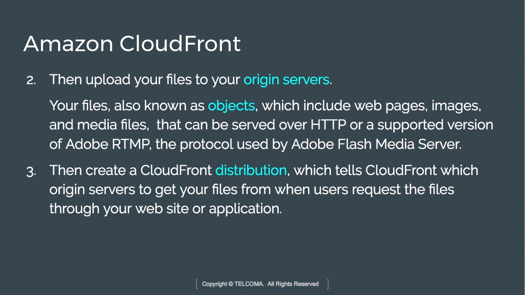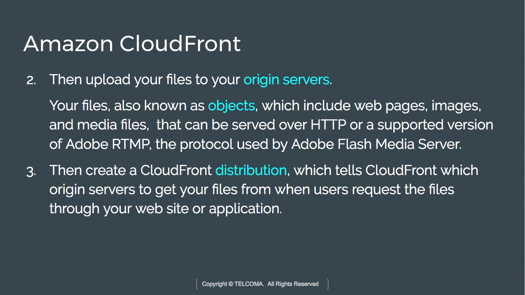After configuration, we upload the files to the origin server. Suppose my origin server is an S3 bucket, so we upload some files to the bucket. The files which I have uploaded in a bucket we call objects. The objects could be any web pages, images, or media files that can be served over HTTP.